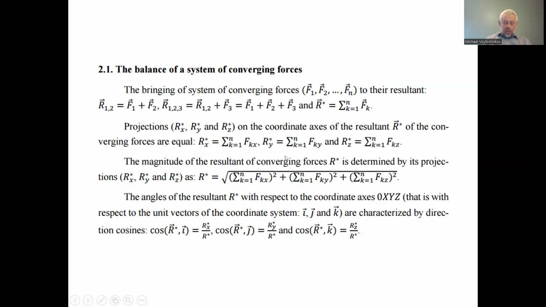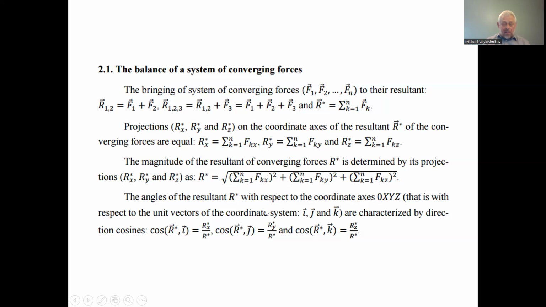After finding the projections of the resultant on axes x, y, z of the Cartesian coordinate system, we can find the magnitude of the resultant as the square root of the sum of three summands, each squared. The summands are the projections of the resultant on the axes x, y, z.